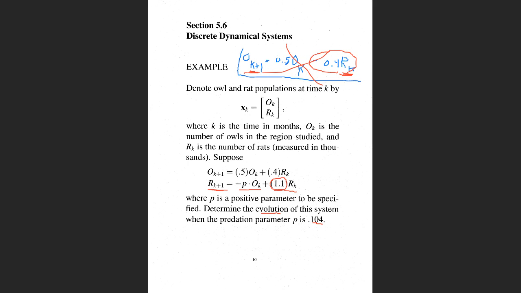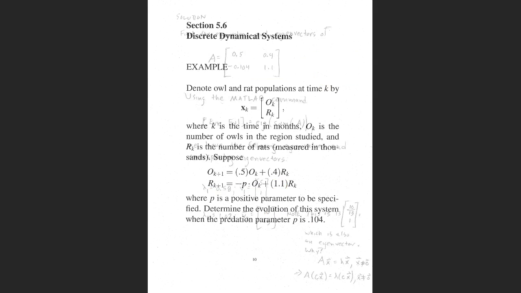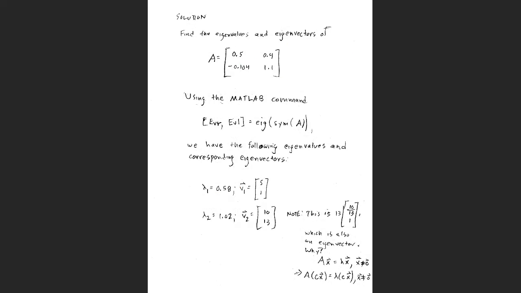What's going to happen to them eventually? Is the population going to grow? Are the owls destined to go extinct in time? Do we need to take some action? That sort of thing. So let's go ahead, and we want to find the eigenvalues and eigenvectors of the matrix A.